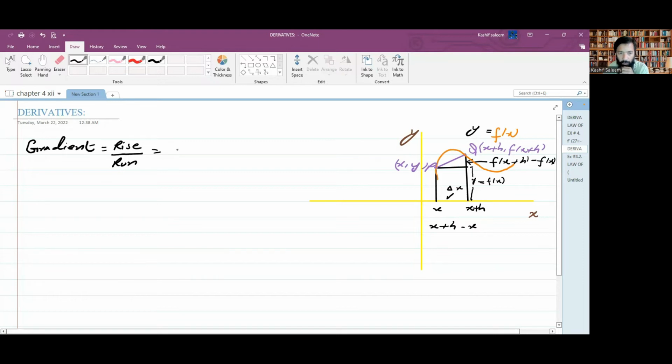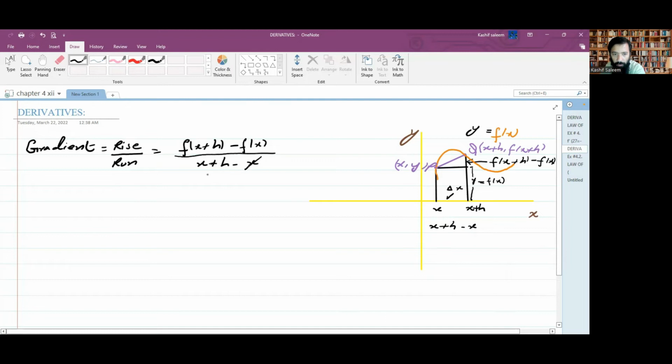So this is equal to f of x plus h minus f of x, divided by x plus h minus x.